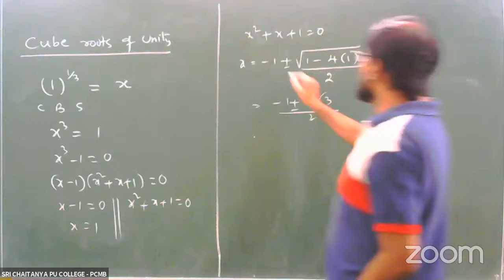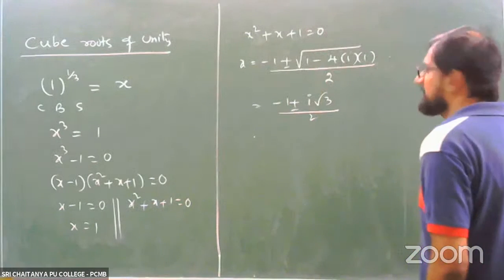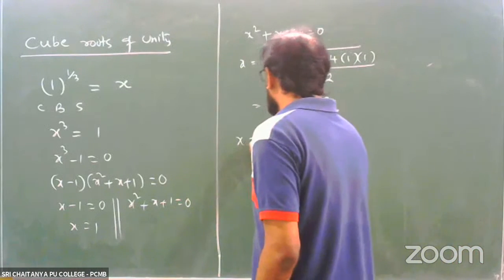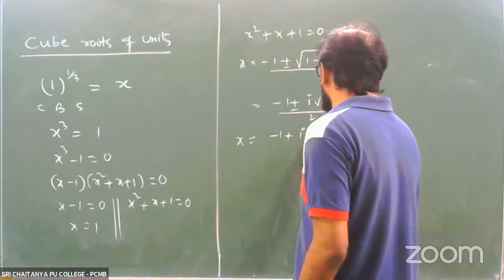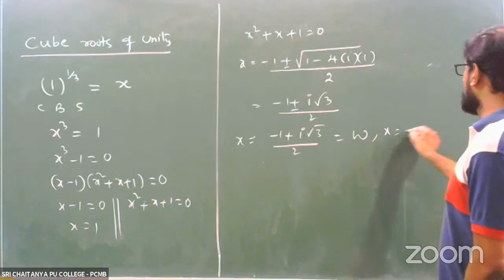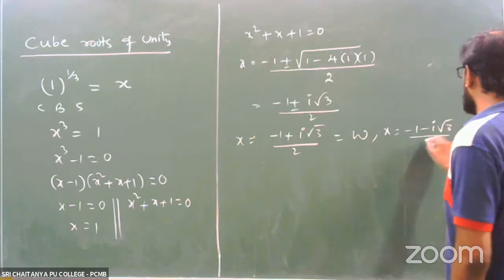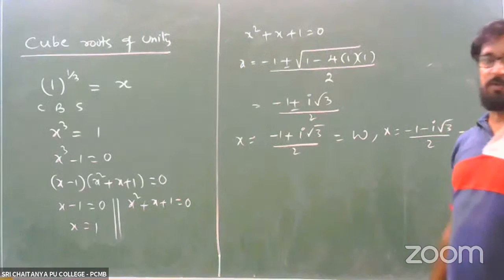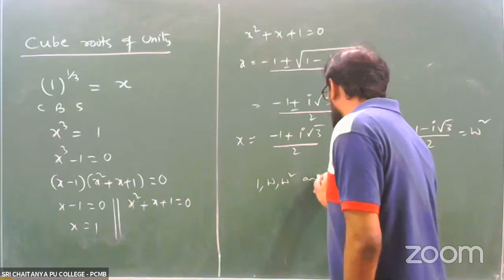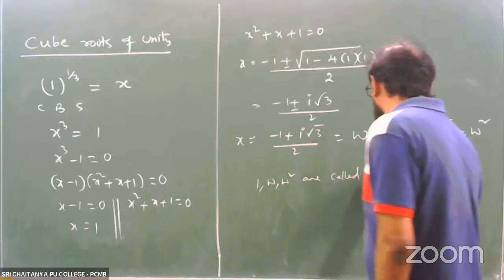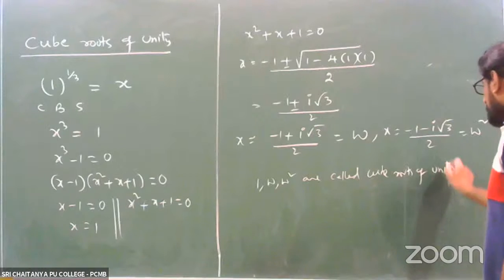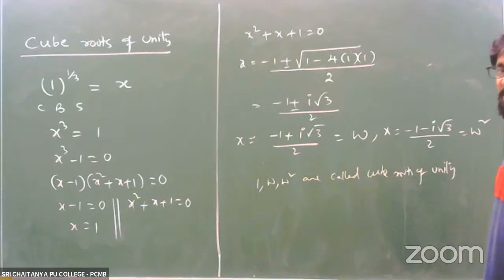So that means the x value equal to minus 1 plus i root 3 by 2 is one value which is called omega, and x is equal to minus 1 minus i root 3 by 2 is another value which is called omega square. Means 1, omega, omega square are called the cube roots of unity.